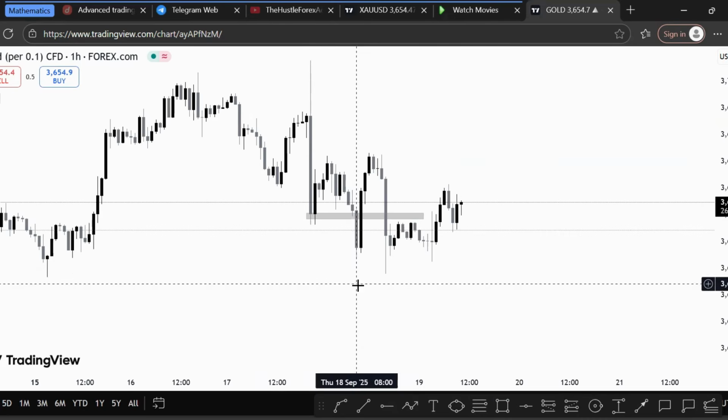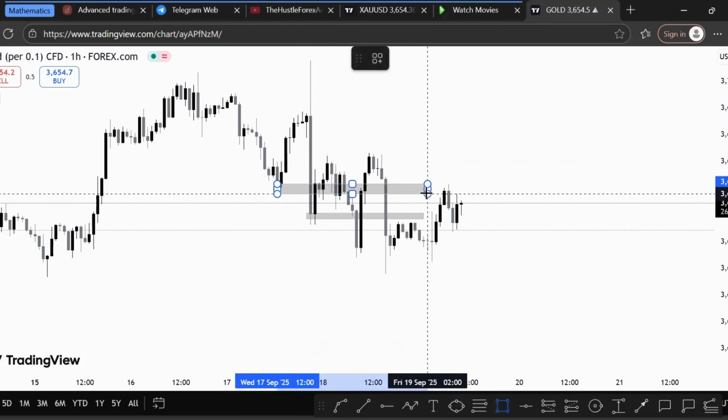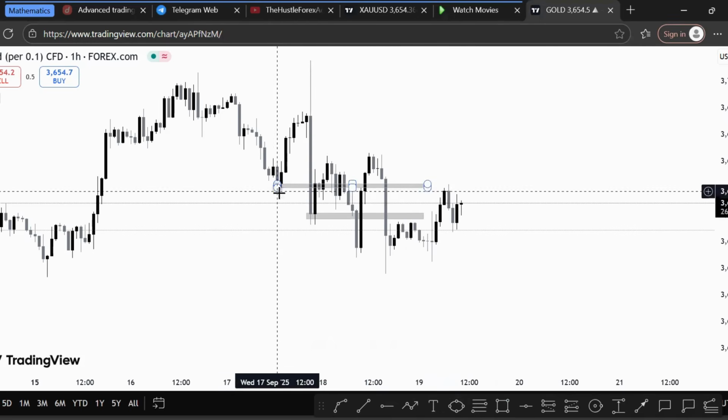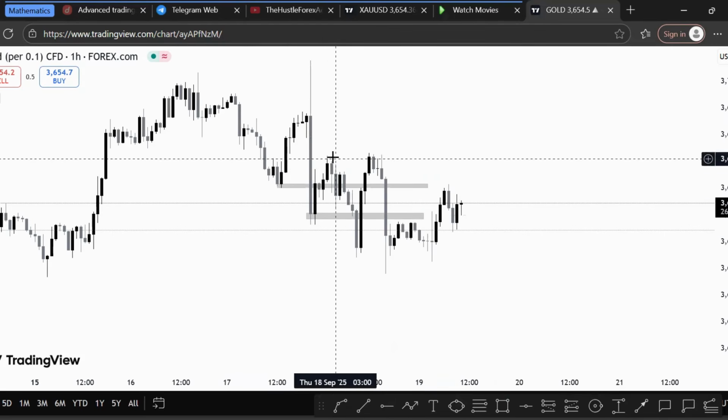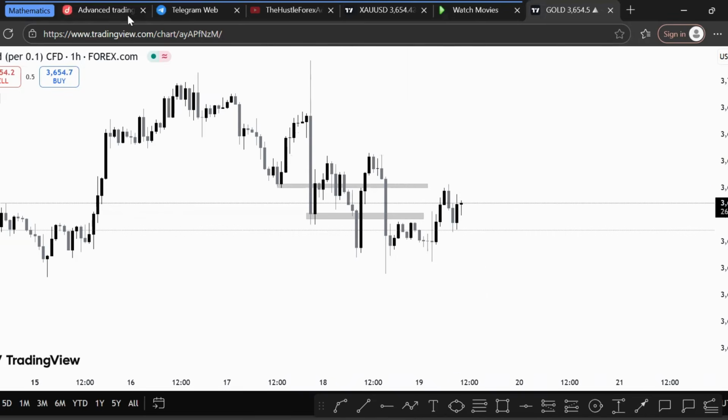It can sell below this level, right? And this was the other indication to say, okay, below this market can sell. This was a lower low, lower high, lower low, lower high, lower low, equal highs. You understand? So that is what was currently happening, right?